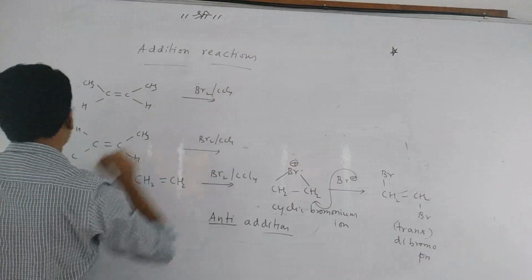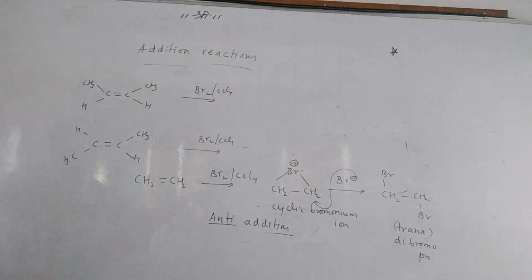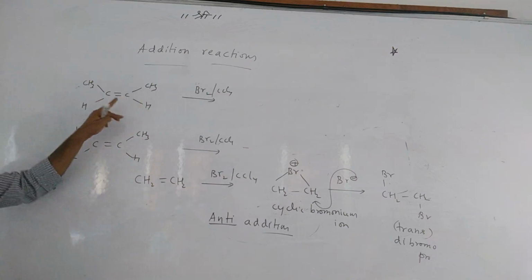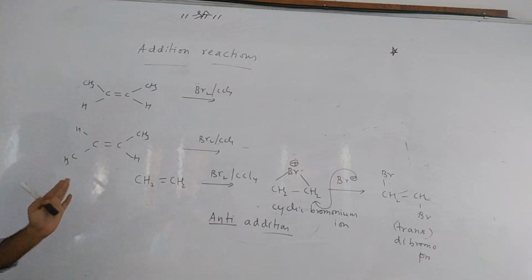Can anyone tell what type of product is formed there? Yes, think for a while and tell. The cis alkene is added to Br. So what do you think? Br will come, no doubt.